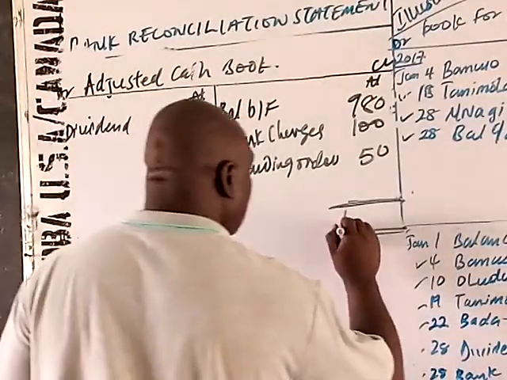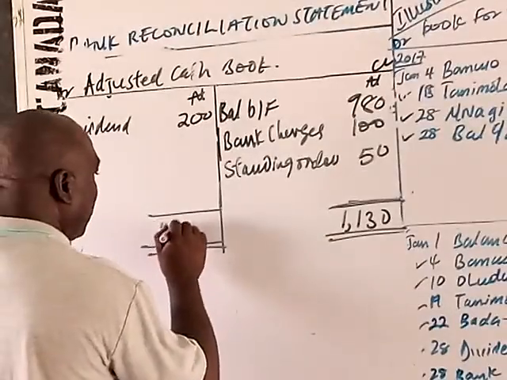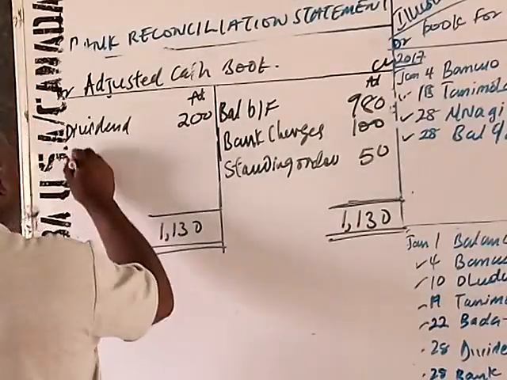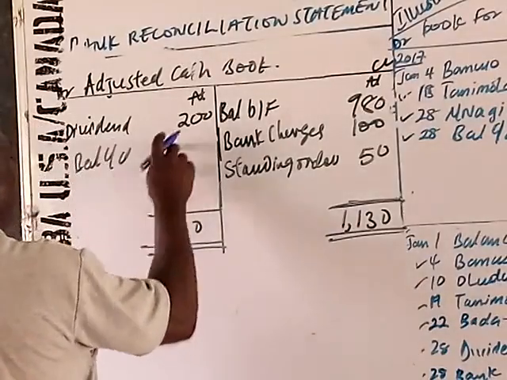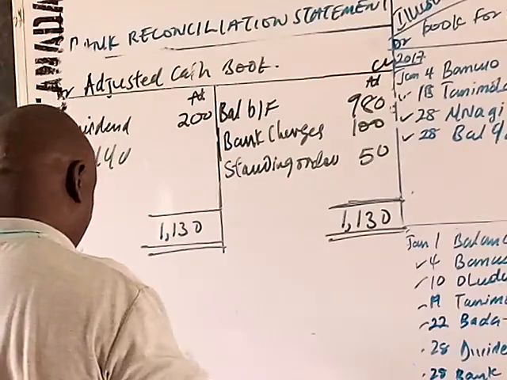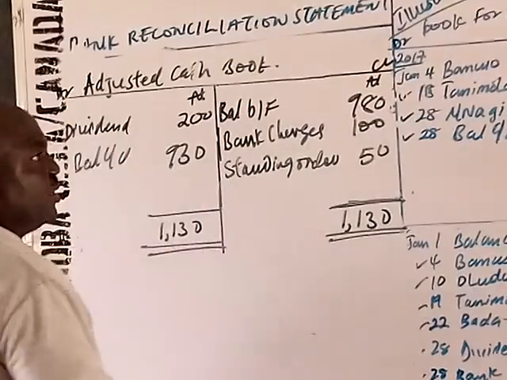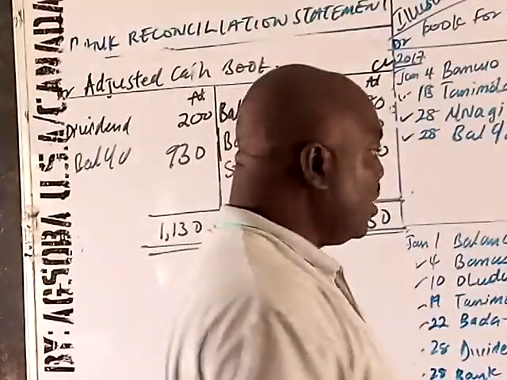That gives us 1,130, this one is bigger, 1,130. Then you have your balance carried down. You deduct 200, and that gives us 930.